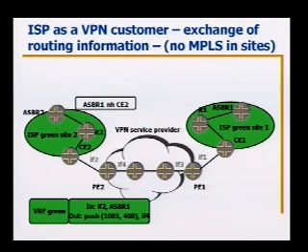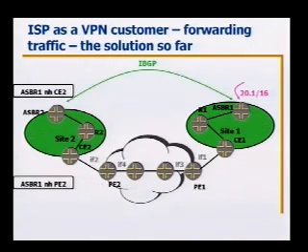Finally, PE2 is going to advertise this route for ASBR1 to CE2, and the route is going to make its way to ASBR2. Now ASBR2 has a route for ASBR1, and in principle we're able to establish the IBGP session and exchange the external prefixes.